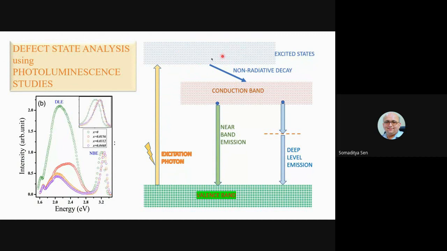These are excited states. It may or may not correspond to a real state, but it can come back at any point to the conduction band through a non-radiative decay. And then from the conduction band, it can have a near band emission, and also it can have different transitions which correspond to the deep level emissions.